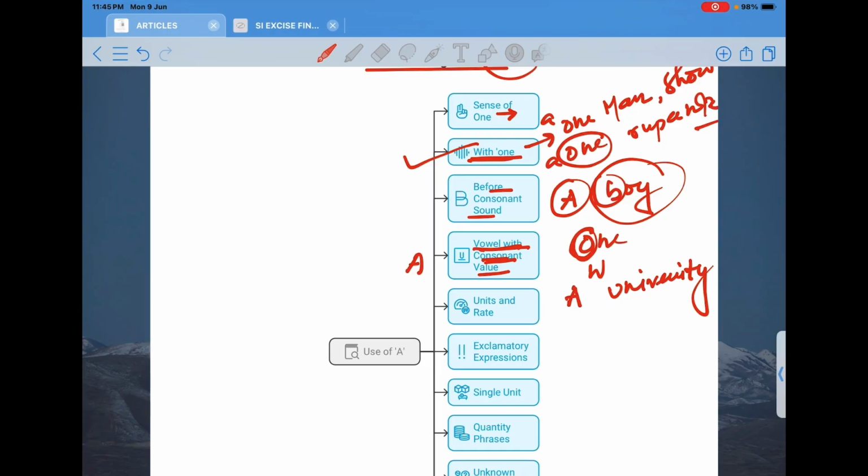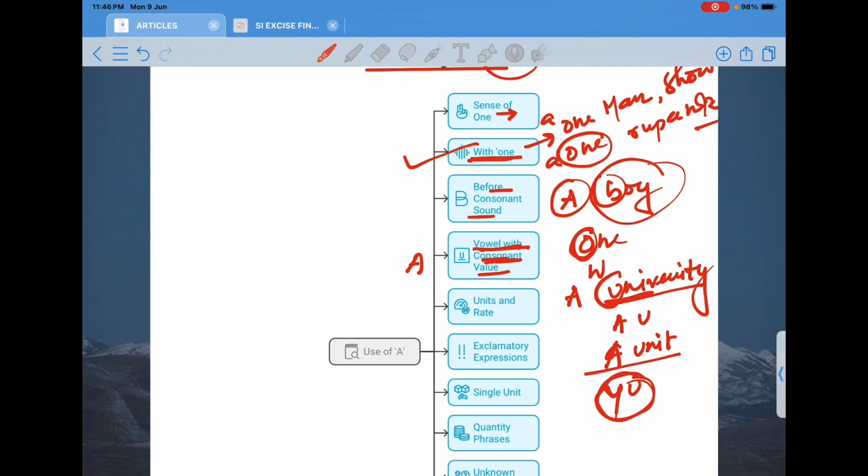Here everything, a university, a unique article, a unit, sounds like "you". So the Y sound comes first, and that is why it is a vowel with consonant value.